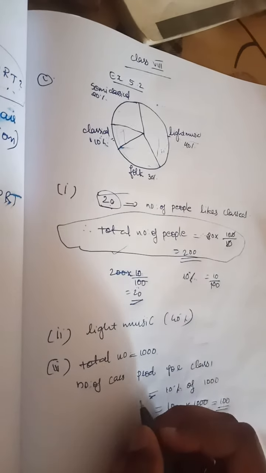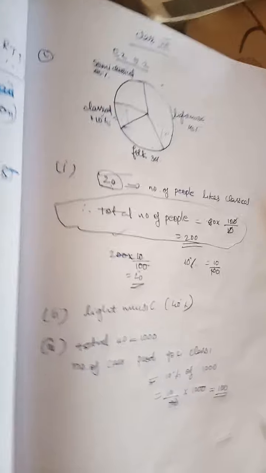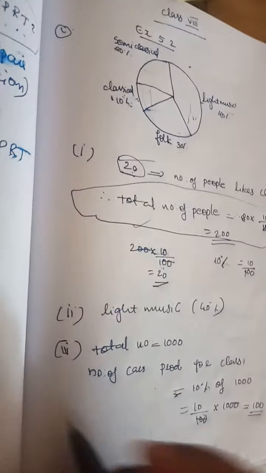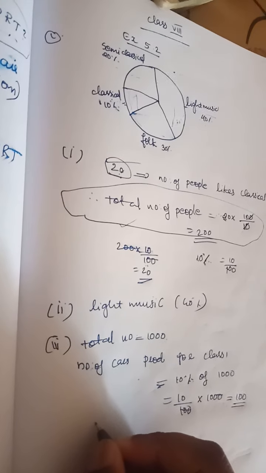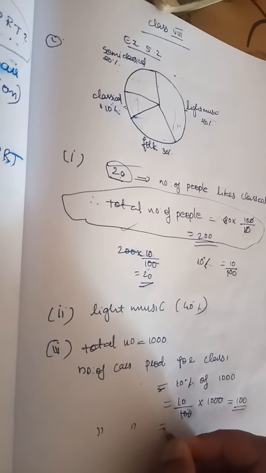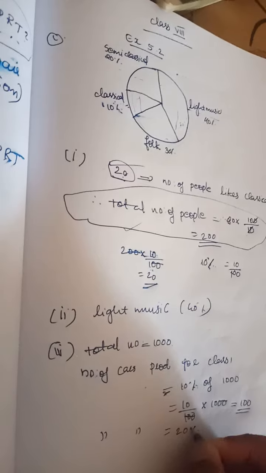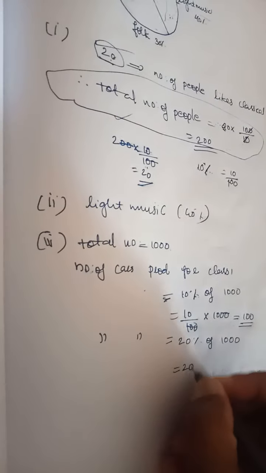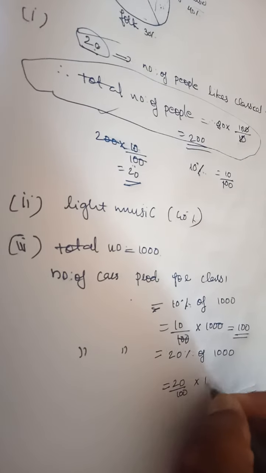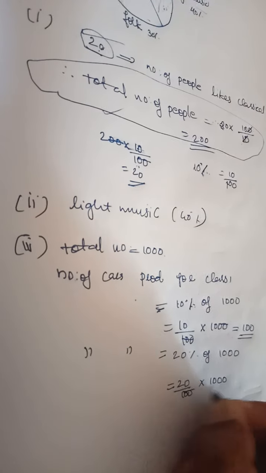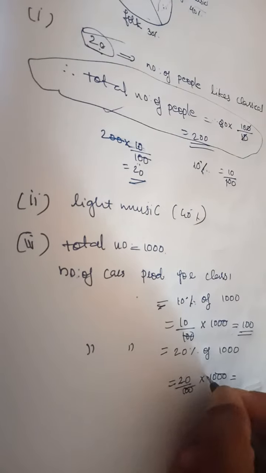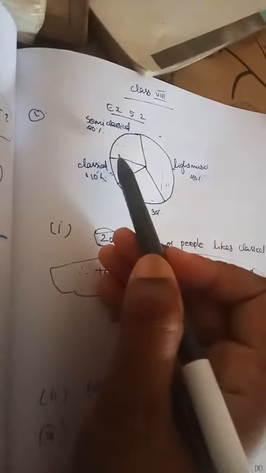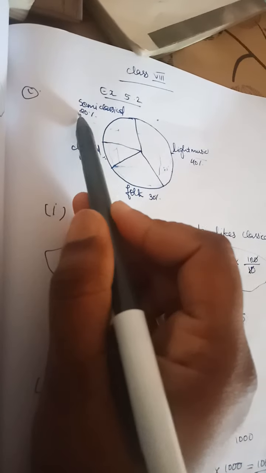So 100 cassettes are produced for classical music. Next is 20%, semi-classical. 20% of 1000 is 20 divided by 100 into 1000. Cancelling, 20 into 10 gives 200 cassettes produced for semi-classical.